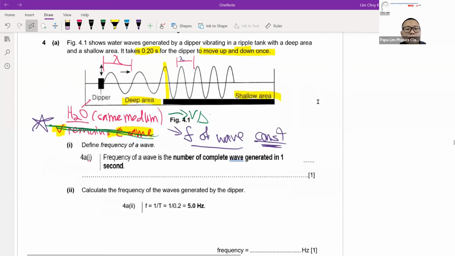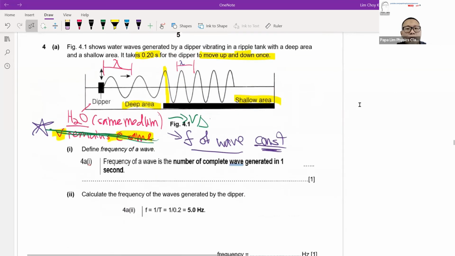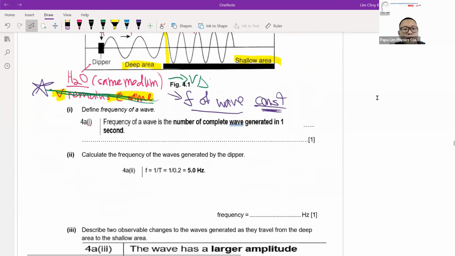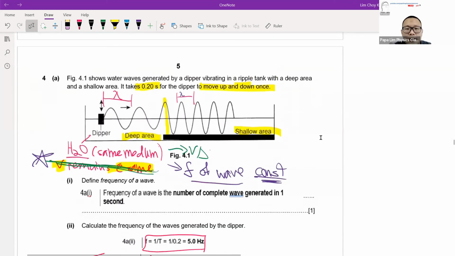The wave generated moves up and down. For frequency, it's quite straightforward. If you know the period is 0.2 seconds, you will know that the frequency will be 1 over period, the inverse of 0.2. It will be 5 hertz.